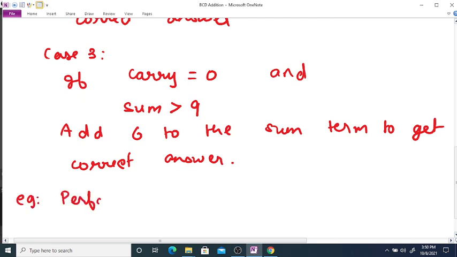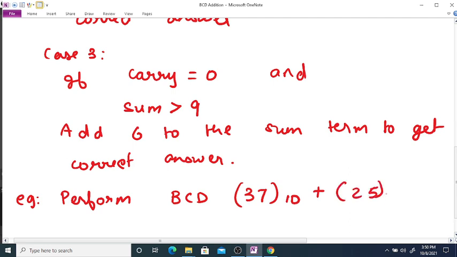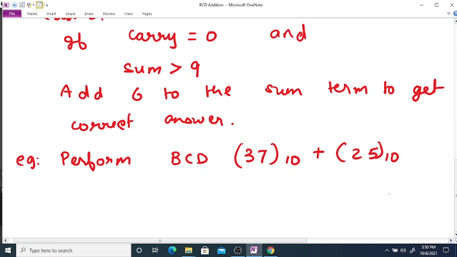Perform BCD addition of 37 plus 25. Here the given numbers are in decimal, so first we will convert these decimal numbers into BCD.